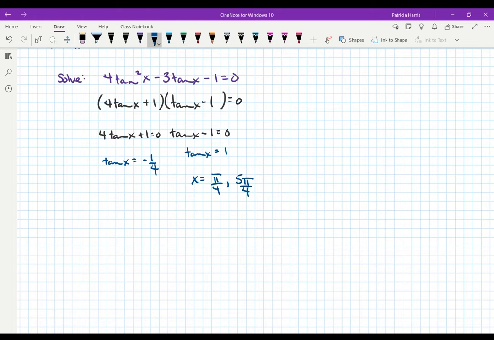Okay, now this guy, we have to get a little bit more creative. Okay, because negative 1/4 is not on the unit circle. Okay, so we have to think about what we know. We have to think about, okay, where is tangent negative?